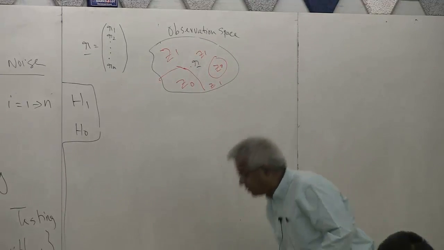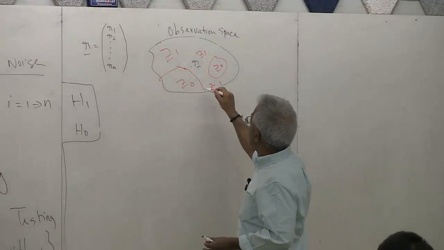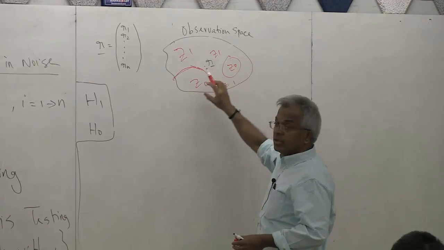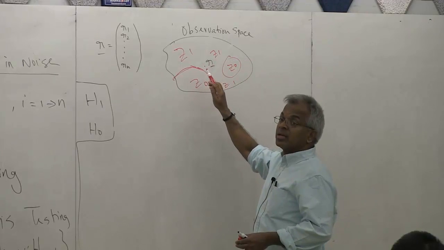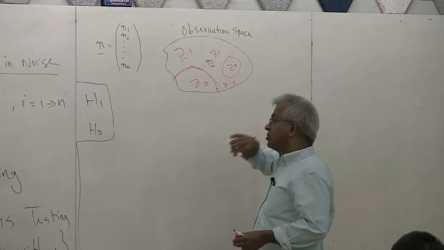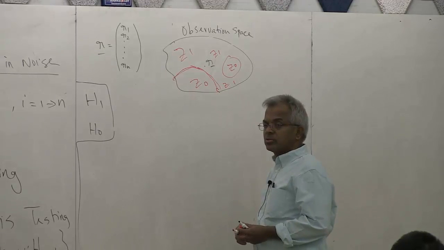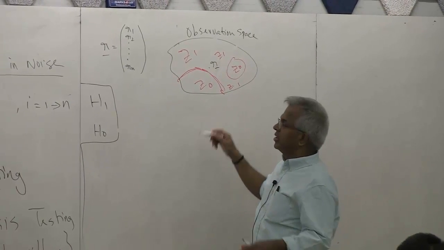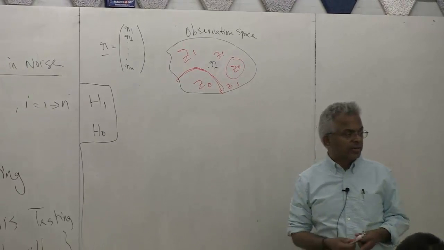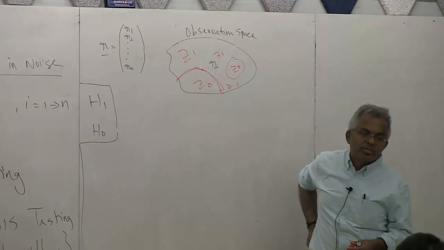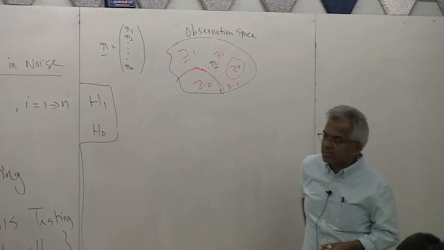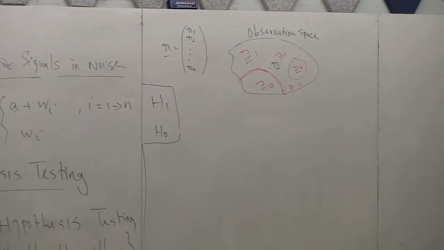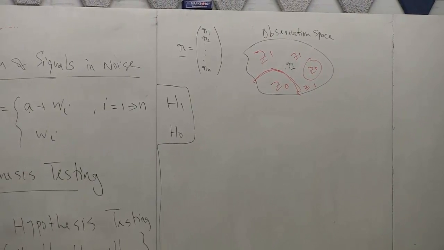That means the question is, I need to figure out this boundary. So if the signal falls either here or here, we are going to declare the hypothesis H0 is true. Of course, this doesn't mean anything. I just translated the difficulty. I'm saying the obvious, right? This is the decision region or partition region.